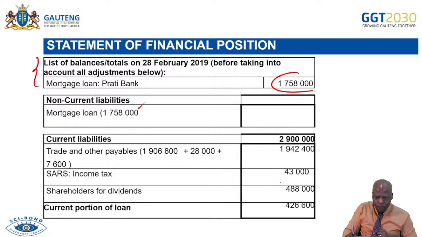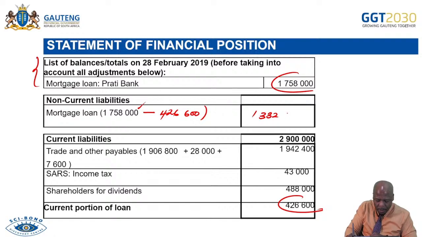We now know that a part of it will be paid within the next 12 months, and that part is 426,600. So I'll come here, then I'll say minus 426,600. I close the bracket. And then, how much is that going to give me? 1,332,000.